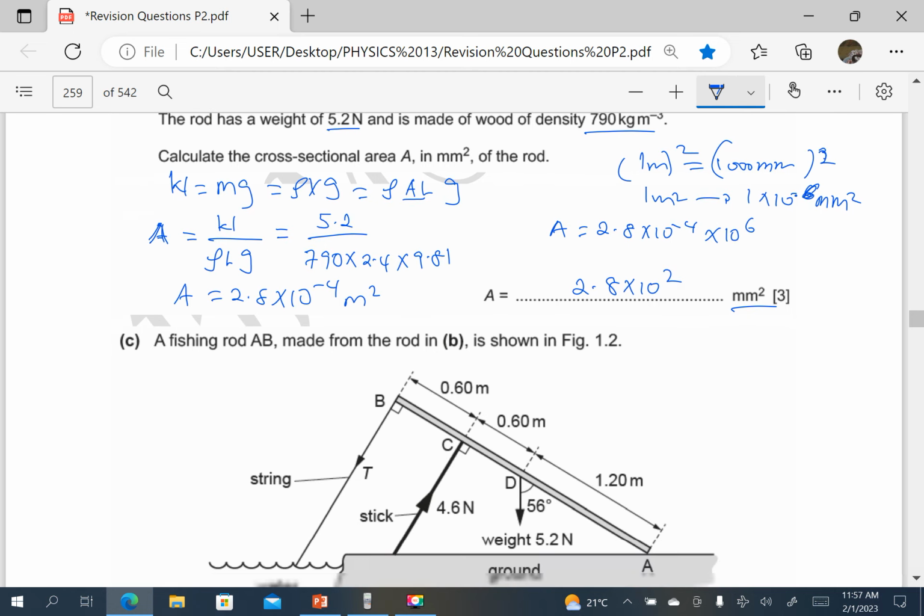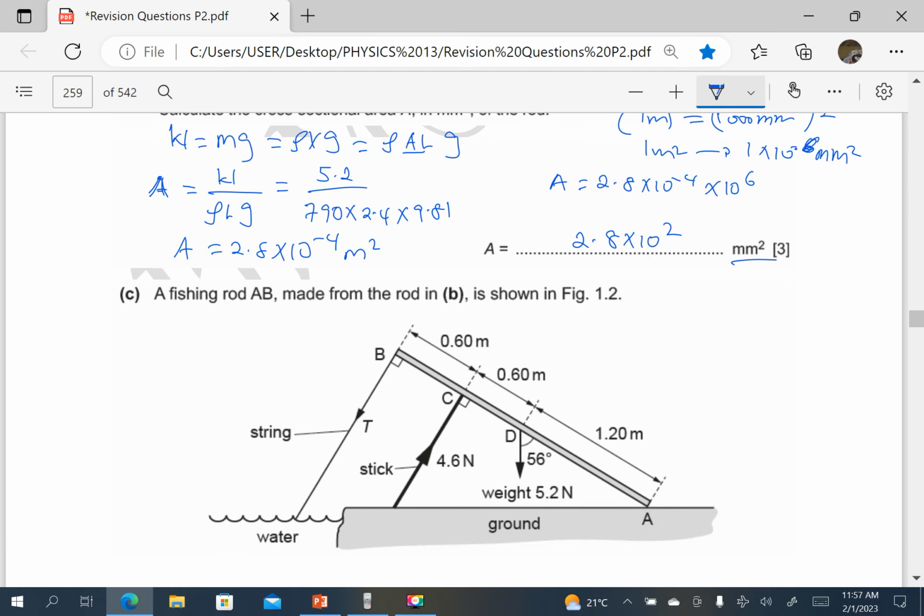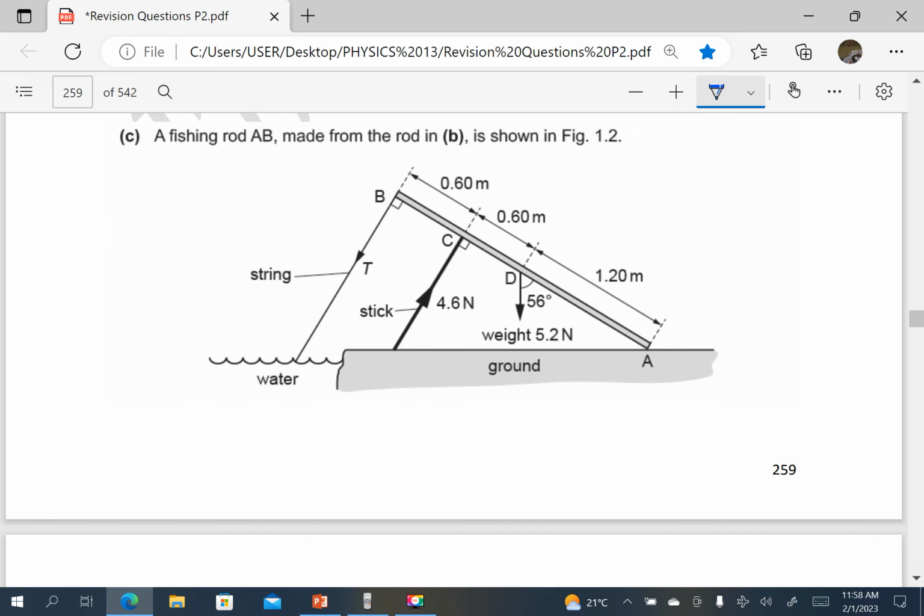A fishing rod AB made from the rod in B is shown in the figure. So that is the fishing rod.